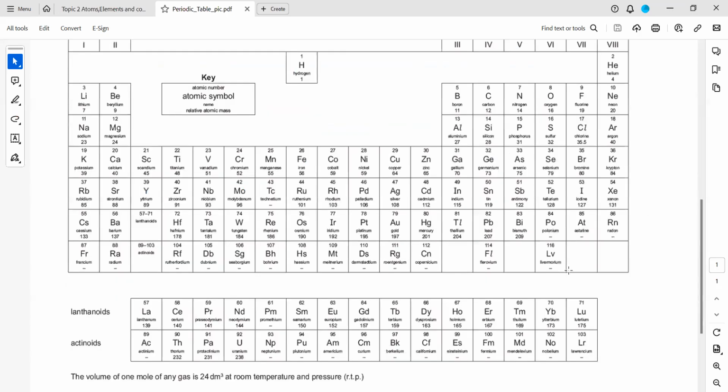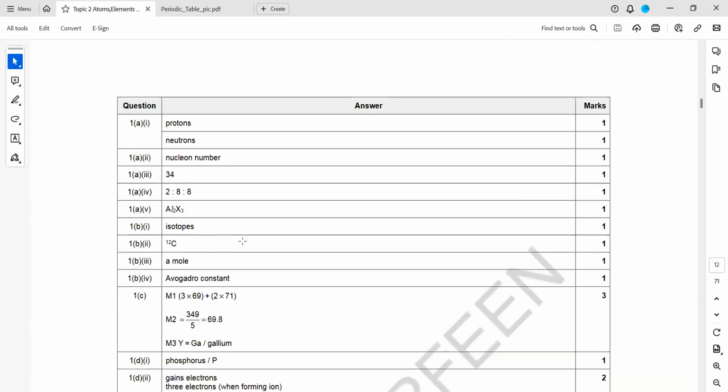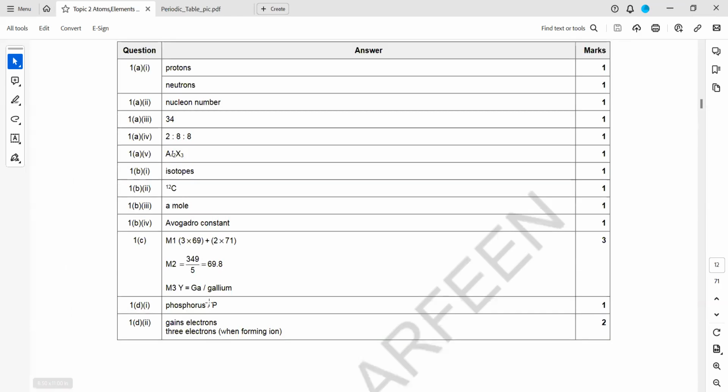Which element? When you check, the element Y is gallium.